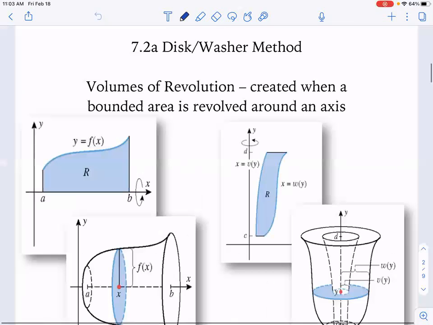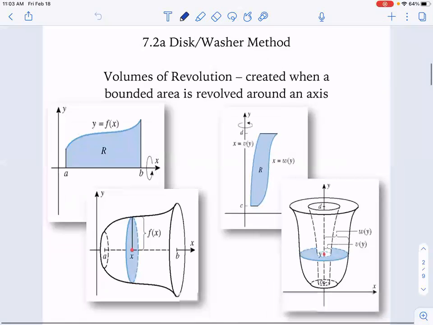So today and Tuesday, we're gonna talk about volumes of revolution. So we are going to take a region and we're gonna rotate it about an axis so it becomes a three-dimensional solid.